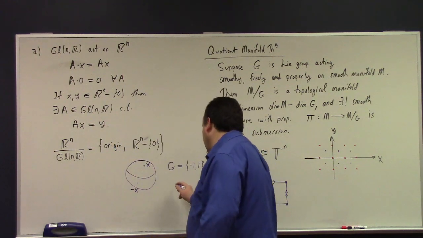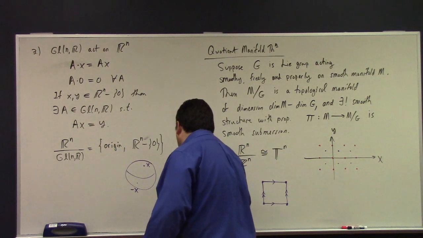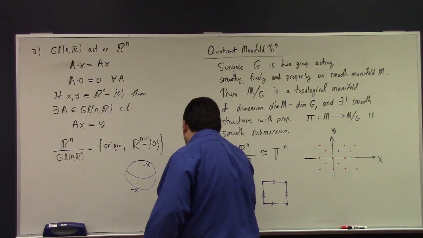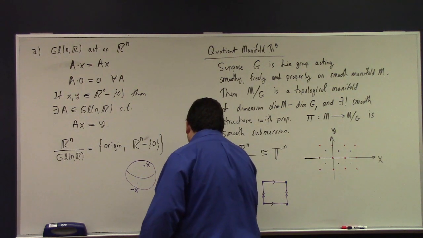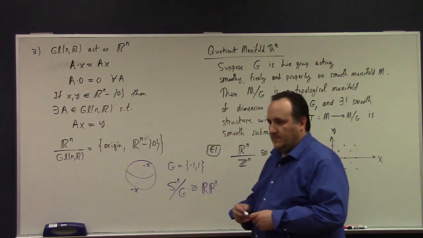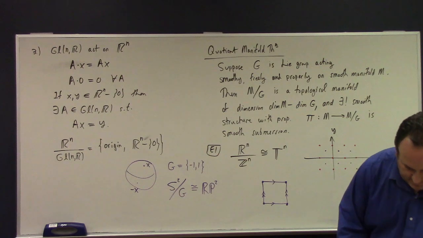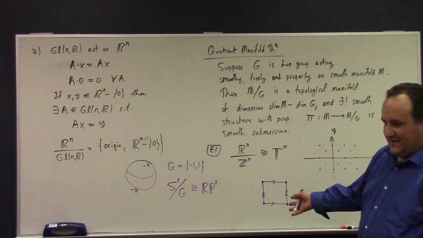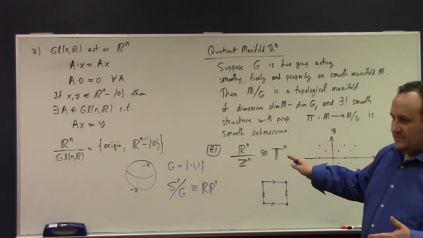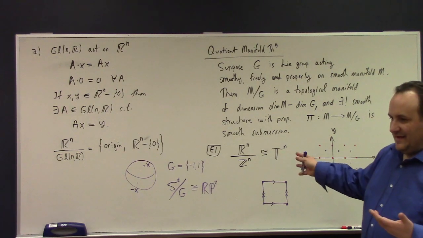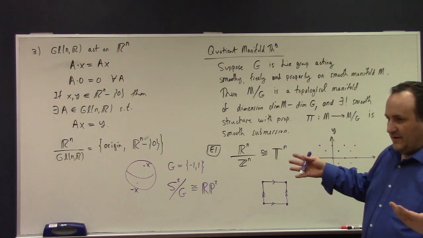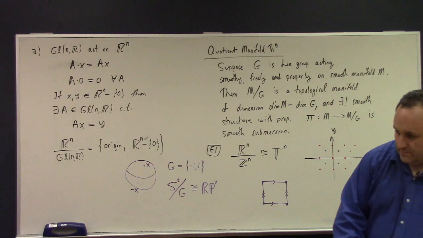So if you take S2 mod this group, that ends up being RP2. But this works for Sn, so you can trade my 2 out for an n. Sn mod this 2-point group gives you a model of RPn, which is pretty cool.